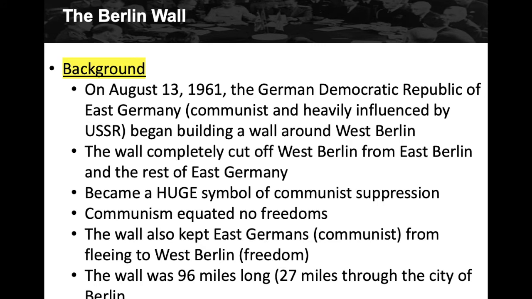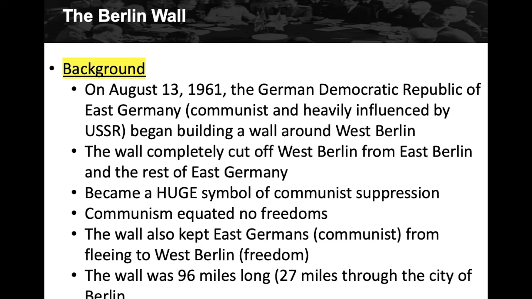Now we need to switch gears, go to the other side of the world, back over to Germany, and talk about the Berlin Wall, because next in our timeline we run into the Berlin Wall in 1961. Some background.